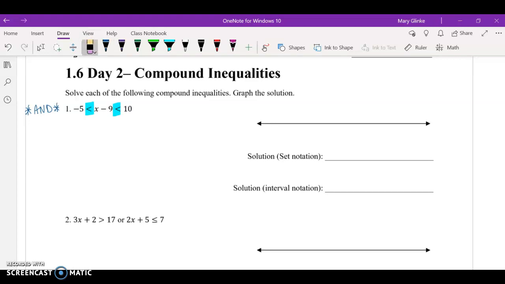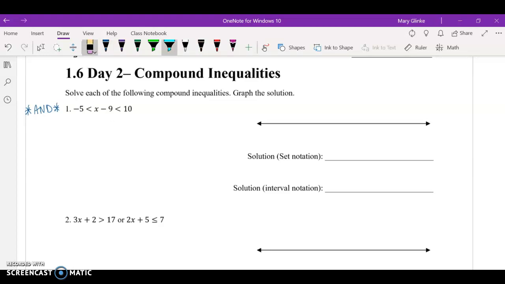So when you're looking at this problem, it's like, what do I do with this? Now that I have two inequalities, I don't really know how to solve that. So I want you to pretend that we only had part of it. If we just had this part here, negative 5 is less than x minus 9, you'd say, well, I can solve that. Then we cover up this other part and ask, could you solve it? And you'd say, I could solve that.